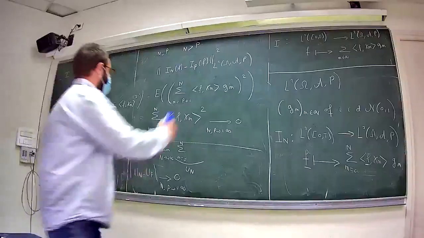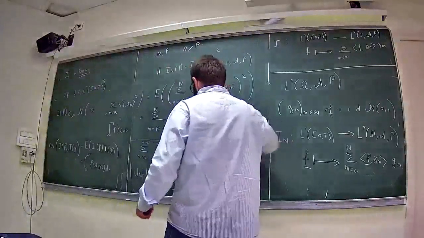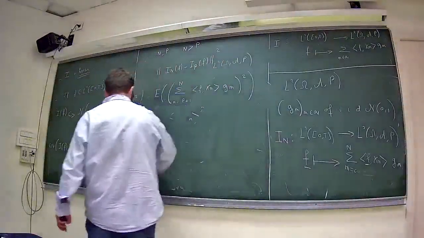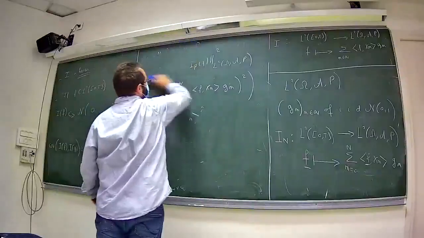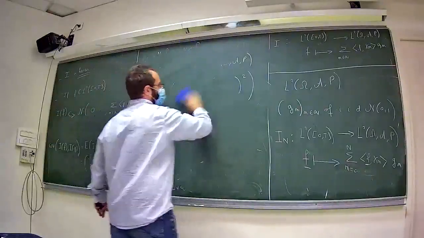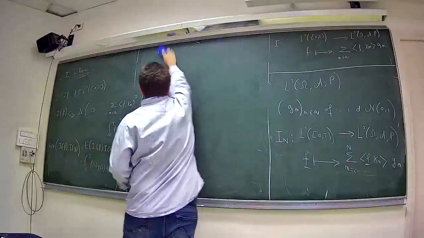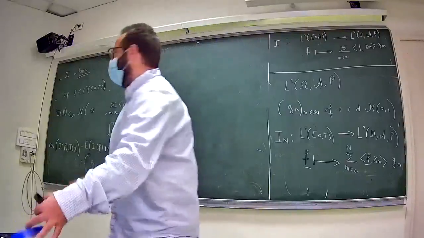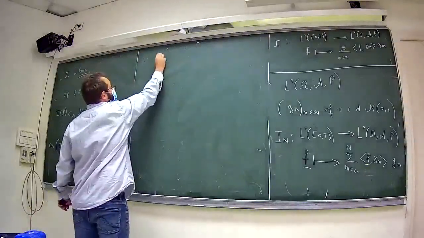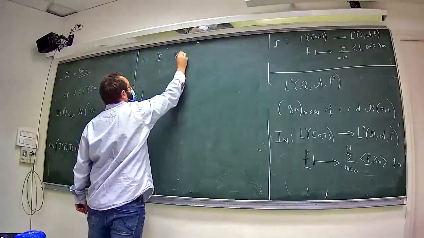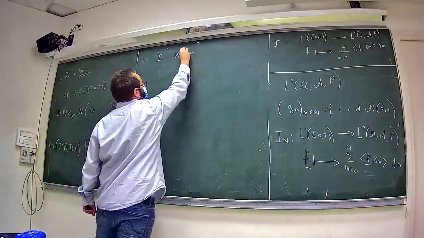Wiener was the first mathematician to prove the existence of the Brownian motion using rigorous arguments. You have capital I that is called the Wiener integral.